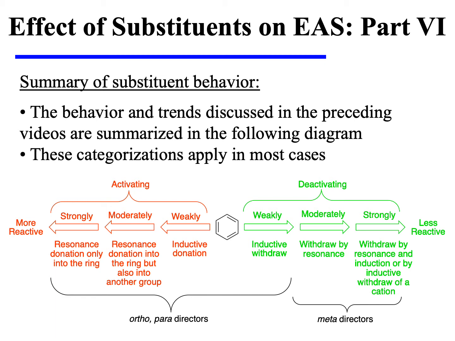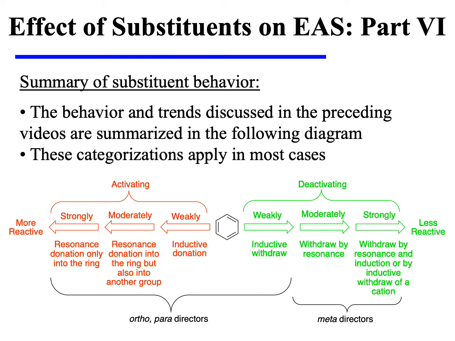As we move into the moderately and strongly deactivated rings, those will experience meta direction. Moderately deactivated rings experience withdrawal of electron density through resonance. An example of this would happen with a ketone being a substituent on the ring.